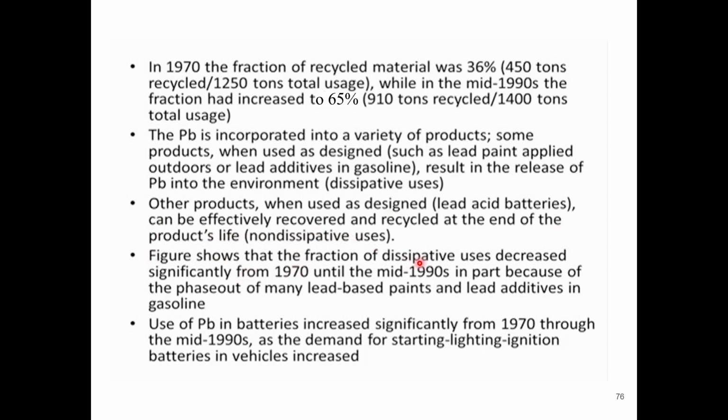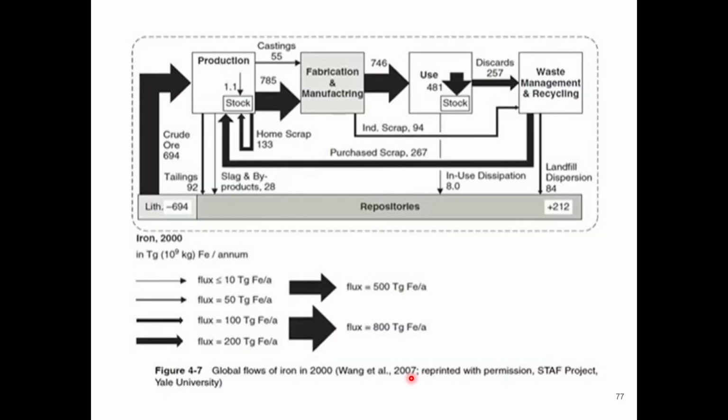The figure shows that the fraction of dissipative uses decreased significantly from 1970 until the mid 1990s, in part because of the phase out of many lead-based paints and lead additives in gasoline. Use of lead in batteries increased significantly from 1970 through the mid 1990s as the demand for starting, lighting, ignition batteries in vehicles had increased.